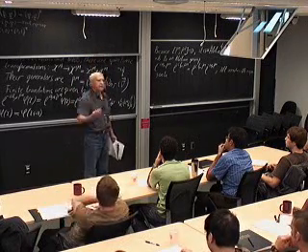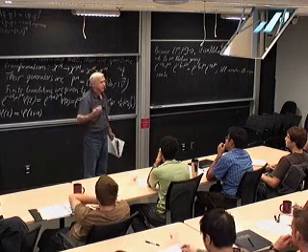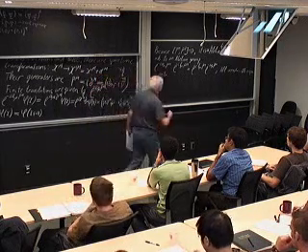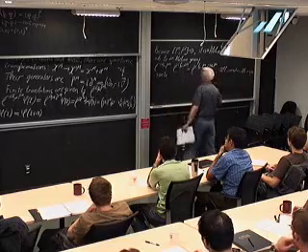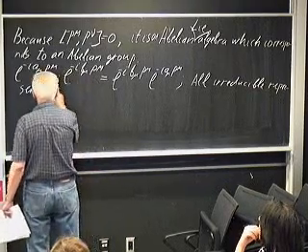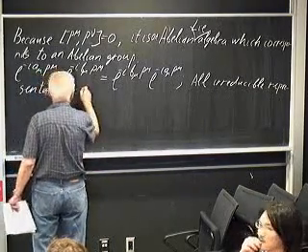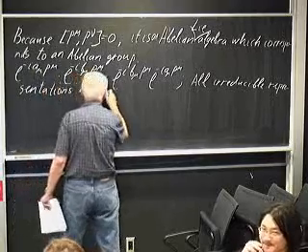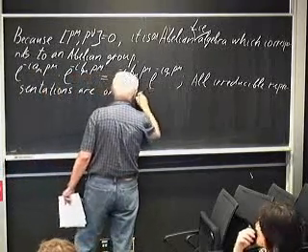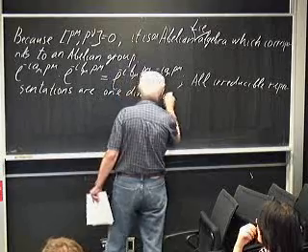So the abelian case is simple. It's easy to work with. So all irreducible representations are one-dimensional. Let me describe this case.